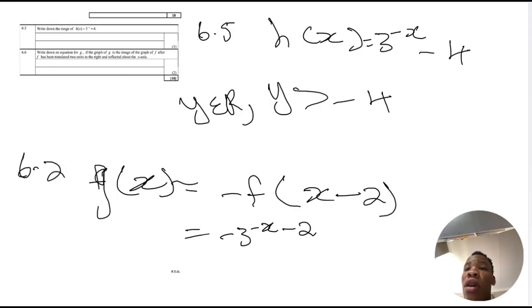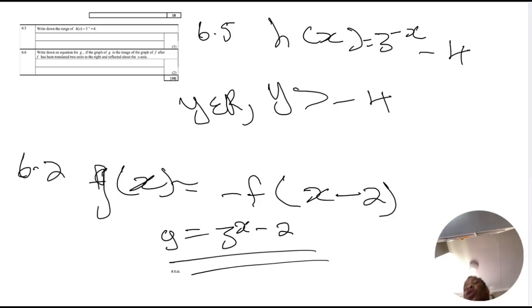So I made a mistake over here. They're talking about f. It's not this one. It's not supposed to be negative here. It's supposed to be 3^x. Since it's shifting 2, we'll have minus 2. This will be our new equation because the graph has now been translated 2 units to the right. So when we go to the right, we subtract. When we go to the left, we add.